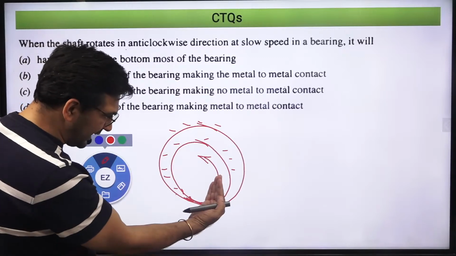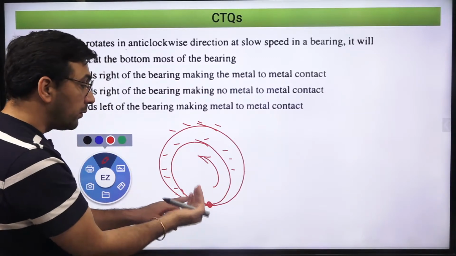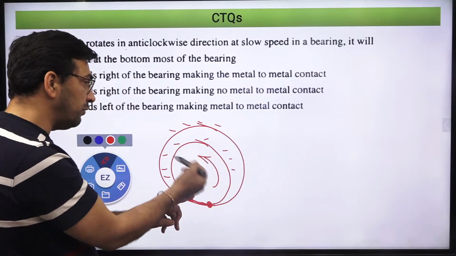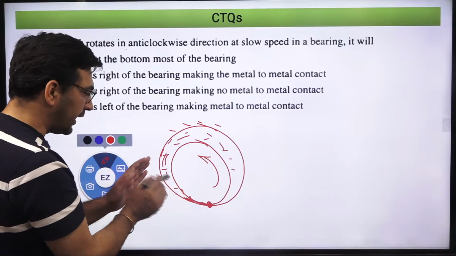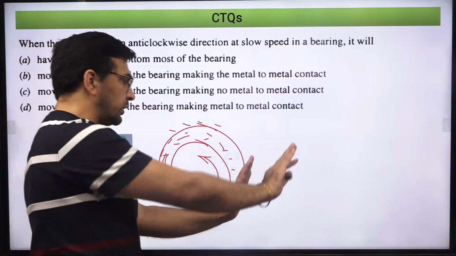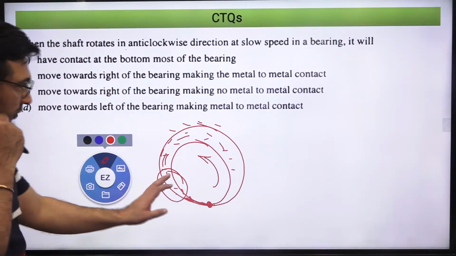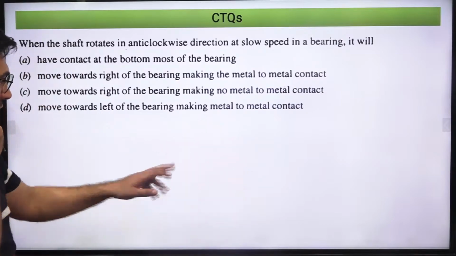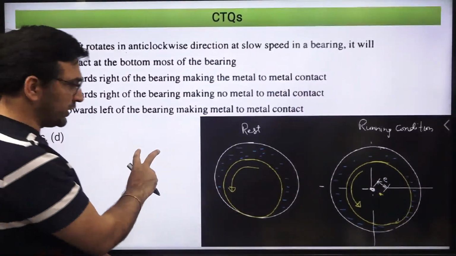So it will slightly shift in this direction, but as the speed goes on increasing, the pressure due to the rotation will go on increasing, and when the pressure becomes significant, it will push it to the other direction. So the final running condition is going to be this way. Just have a look. This is the rest position at the bottom.